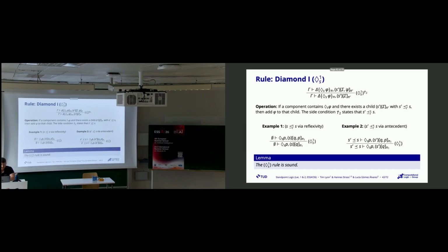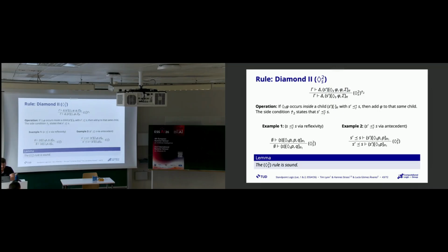In the last diamond rule, we had the diamond formula appearing in a different component than the component where the formula phi was deleted. In this rule, they appear in the same component. So the way this rule works is that if I have a diamond S phi occurring in a child component along with a phi, and I have that same relation holding between S prime and S, then I am allowed to delete this copy of phi top-down in a rule application.